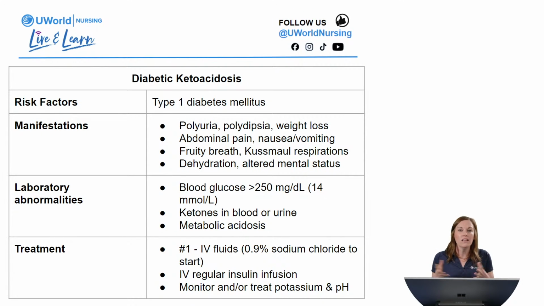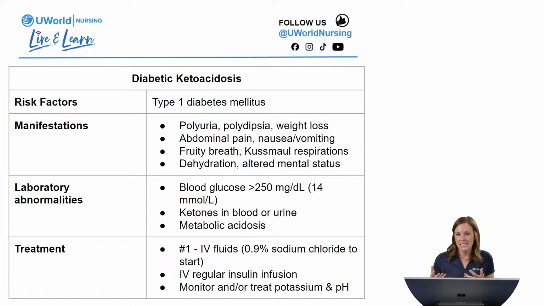When we have all of this excess circulating glucose in our blood, our body doesn't know it's there, so it signals a plan B to create energy. And so it breaks down fat and lipids to create ketones. Glucose and ketones are really the only 2 energy sources our brain can use to function.